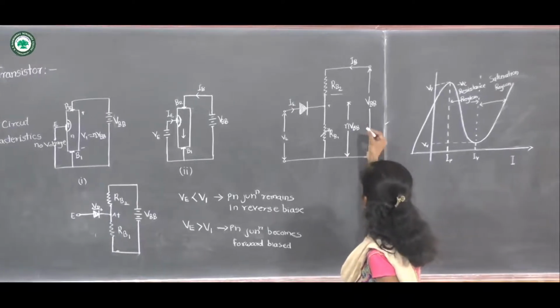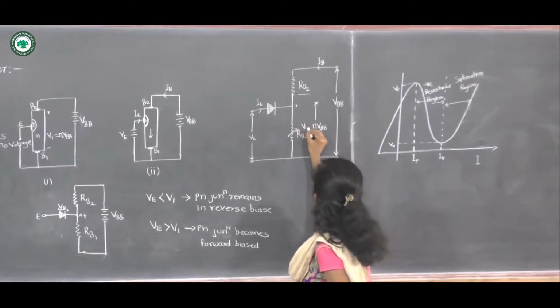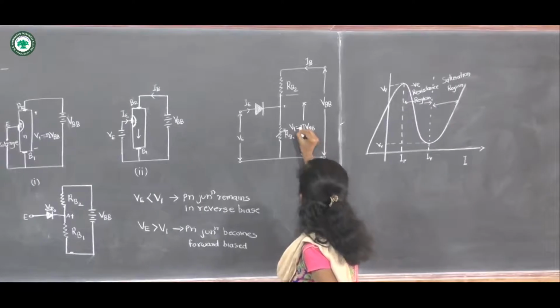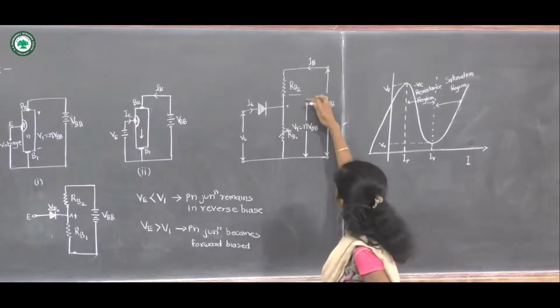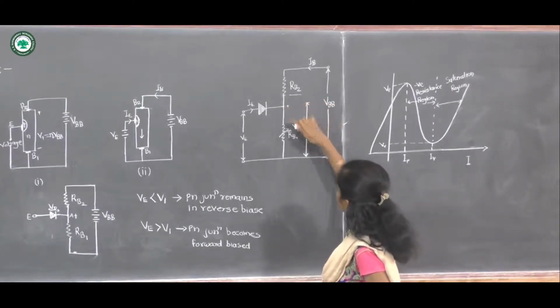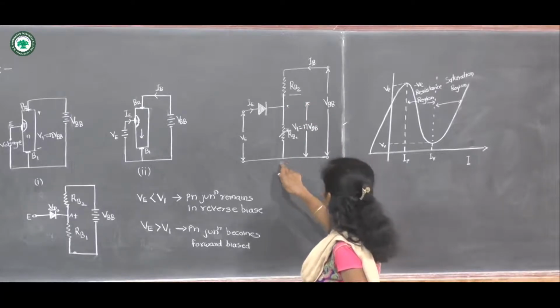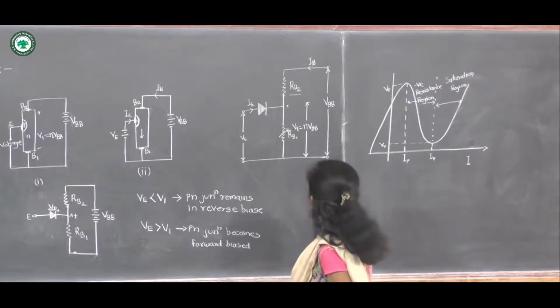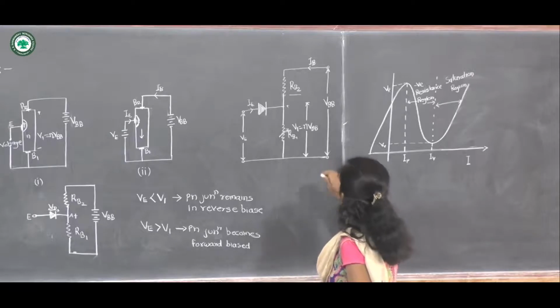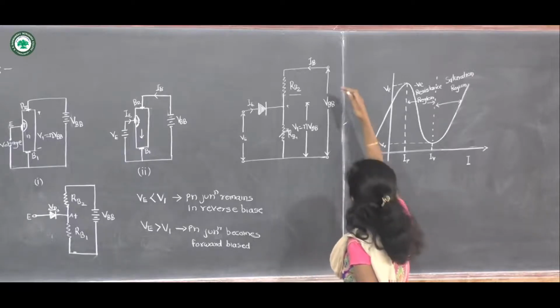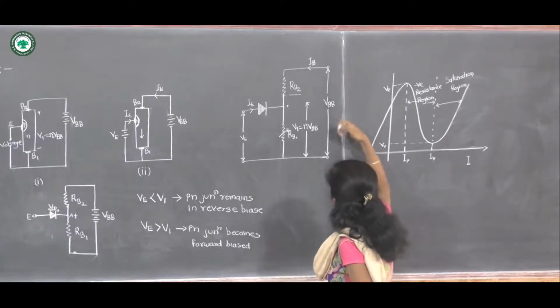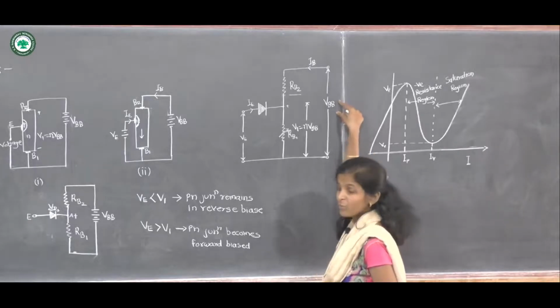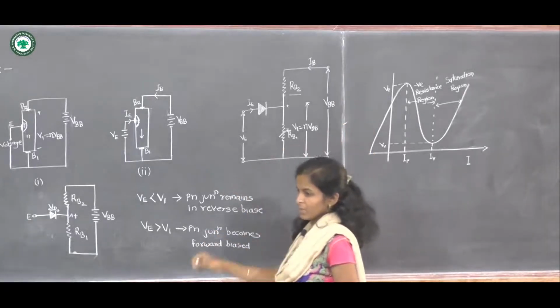Previously we have seen the voltage across RB1, which is equal to eta VBB. It is the voltage between this point and the negative terminal of VBB, and the potential across base B2 and base B1 is given as VBB.